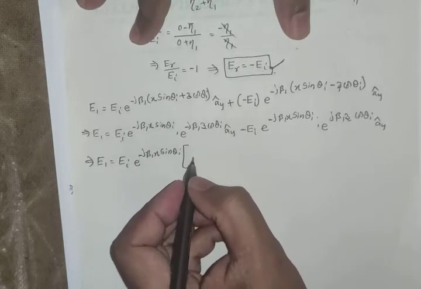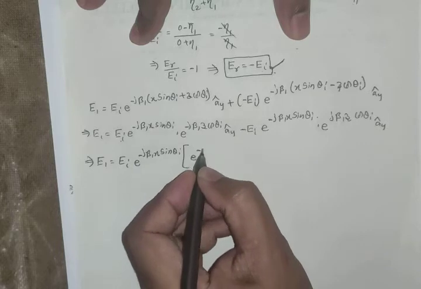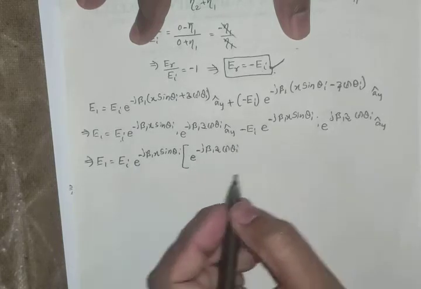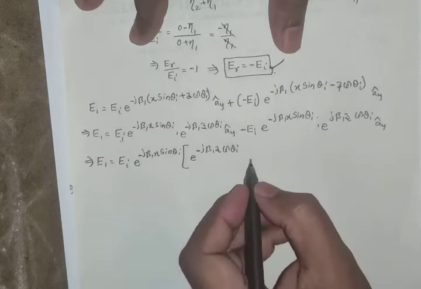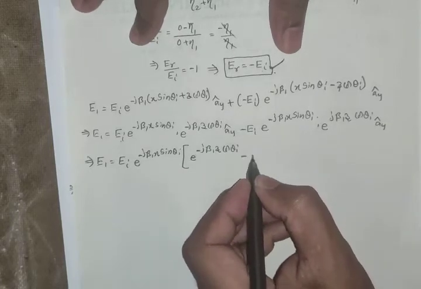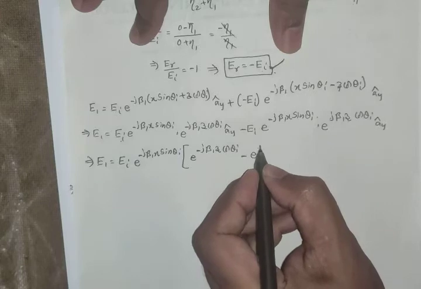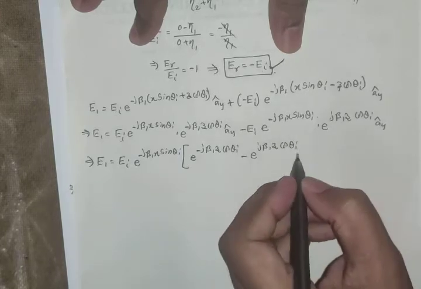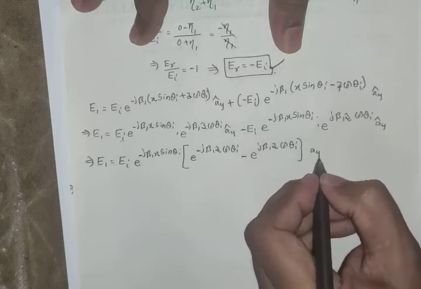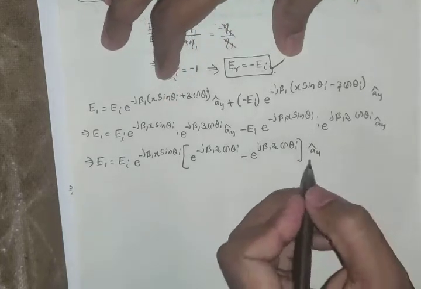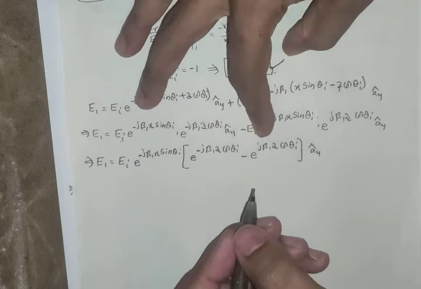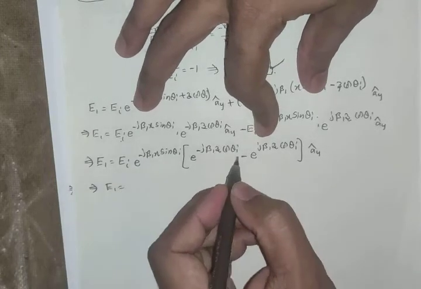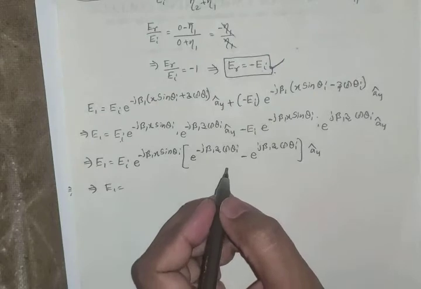Then the resulting equation becomes e to the power of minus j beta 1 z cos theta I minus e to the power of j beta 1 z cos theta I, with unit vector a y cap. So this is the corresponding representation. Thereafter E1 equals, take minus common out of this entire equation.